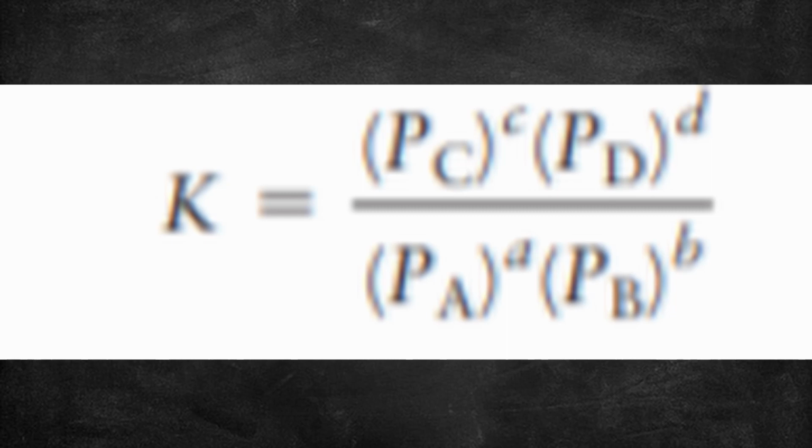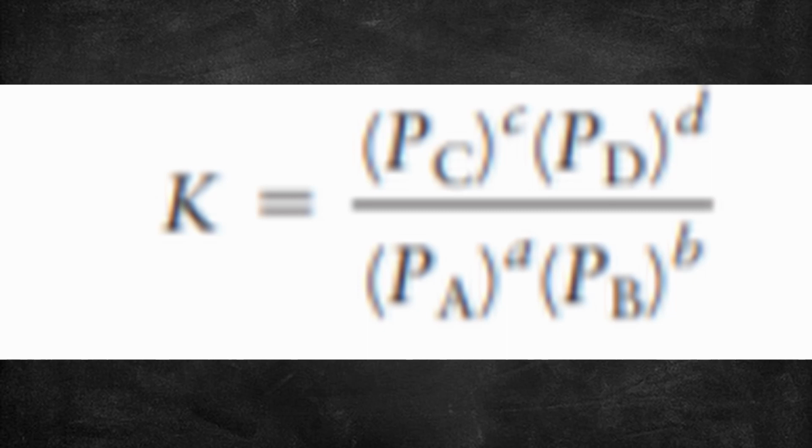The products are C and D, so the partial pressure of C raised to the little c power times the partial pressure of D raised to the little d power, divided by the reactants, that is the partial pressure of A to the little a power times the partial pressure of B to the little b power. This is the mathematical expression for the equilibrium constant for the reaction I've just showed you.